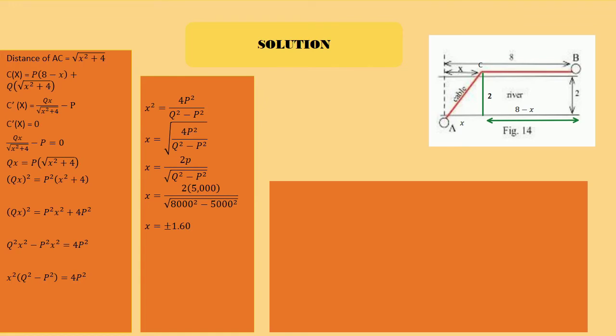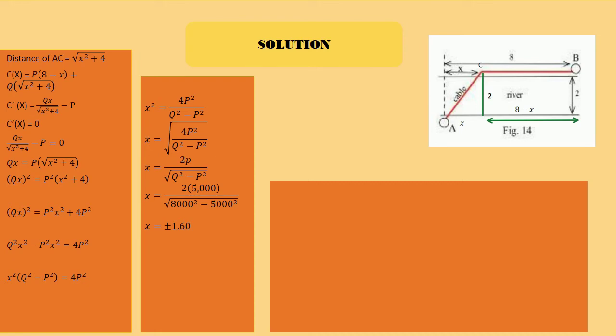Next, we need to derive the cost equation and make it equal to 0 to get the value of x. But we need to do the basic math first until we get the equation 2p over square root of q squared minus p squared. As I said before, p is the cost per mile to lay the cable on land and q is the cost per mile to lay the cable across the river.